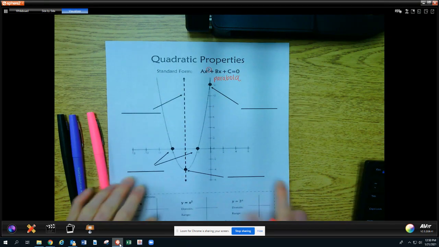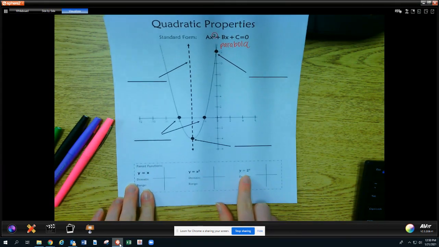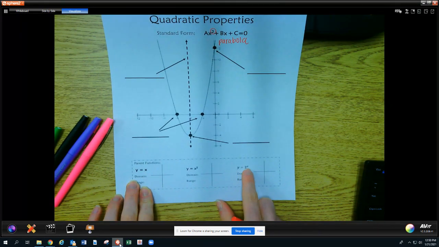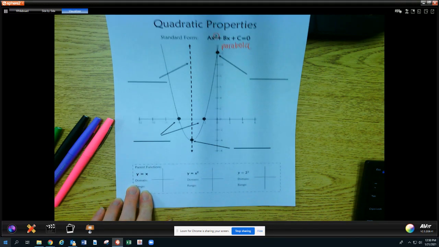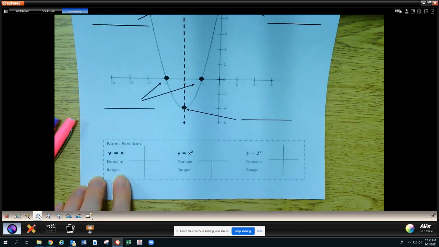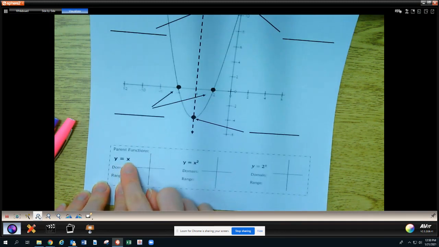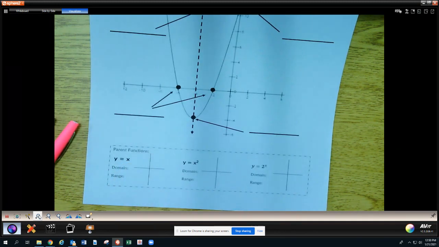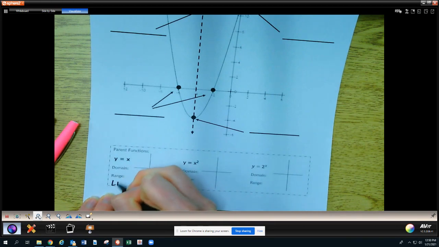We have talked about the linear functions extensively, and we have also talked about exponential functions where x is in the exponent. And so as a quick review, let's talk about the parent function y equals x. That's the linear parent function.